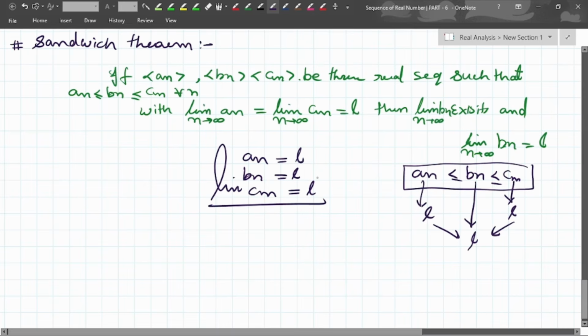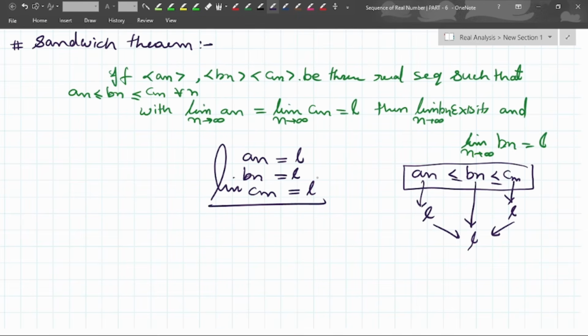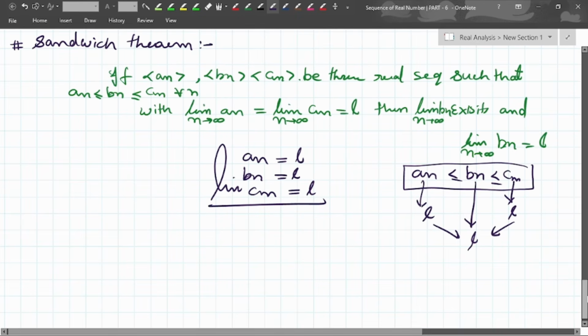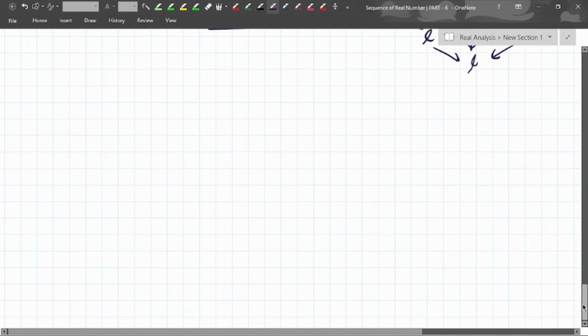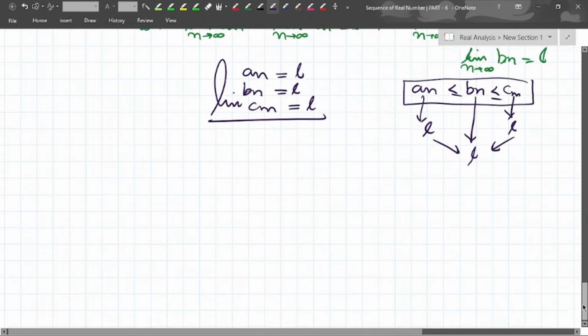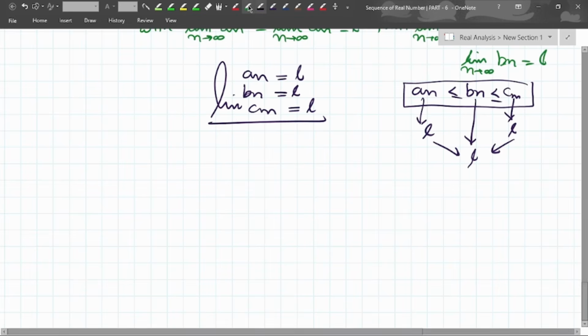Okay, so we'll just find the limiting case, so that we'll use these properties so that I can explain this to you in a good way. So see here, I'll write the example.